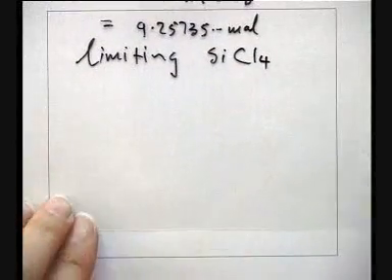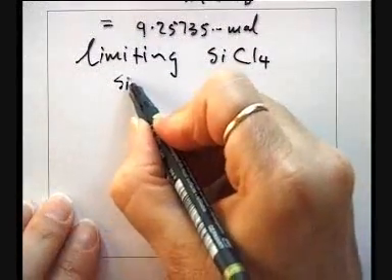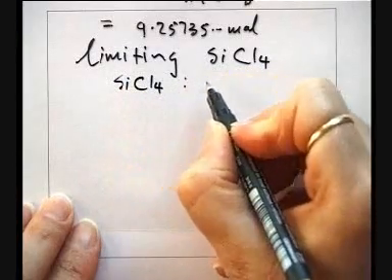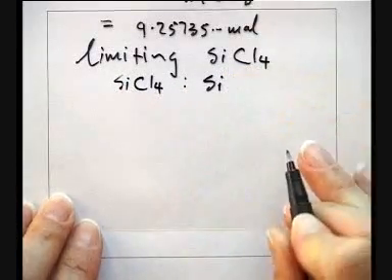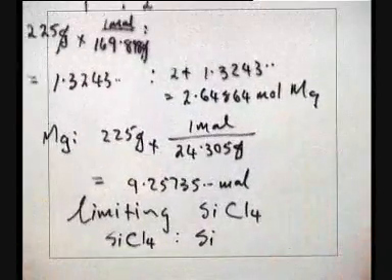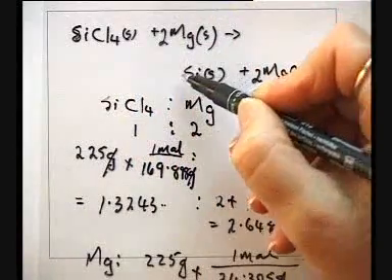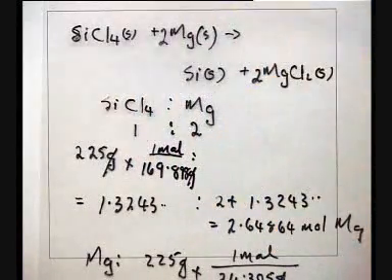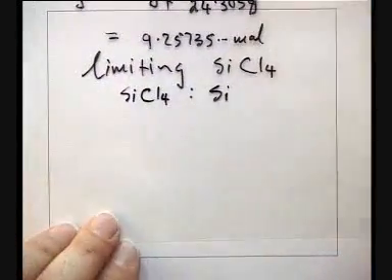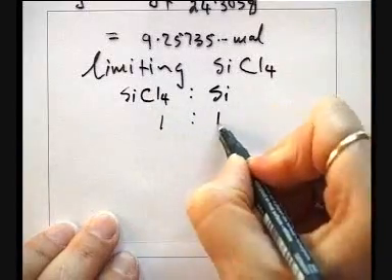You need to compare then silicon tetrachloride with the formed silicon. Looking at the stoichiometric conversion factor, 1 mole of silicon tetrachloride will form 1 mole of silicon. Relationship then 1 to 1.